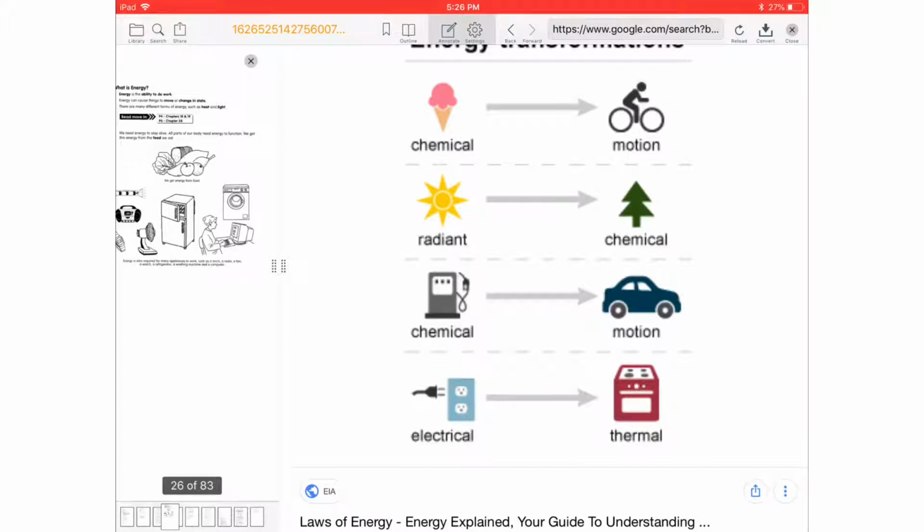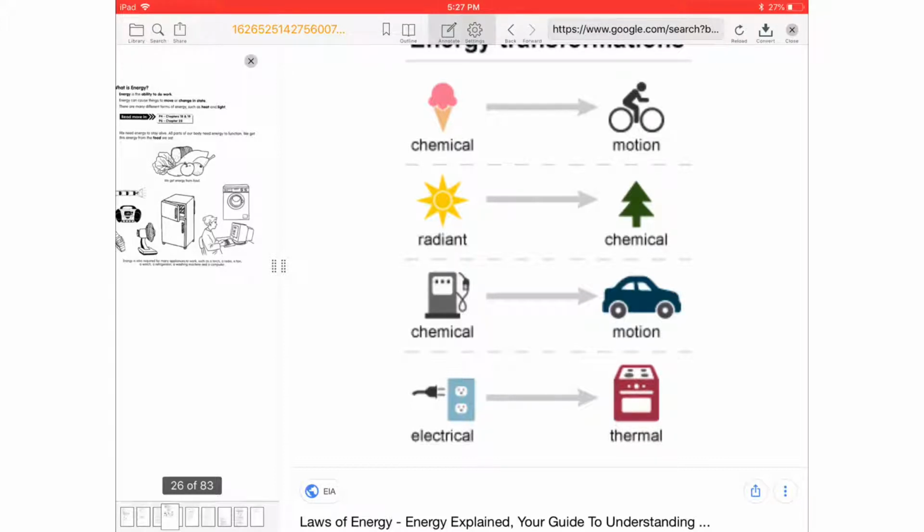The sun? Very good. In the sun, there's also chemical, because it's like an explosion going on that gives off light. So if you go all the way back to the sun, there are many layers, many stages.